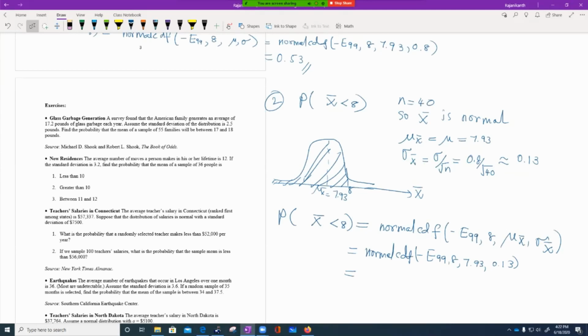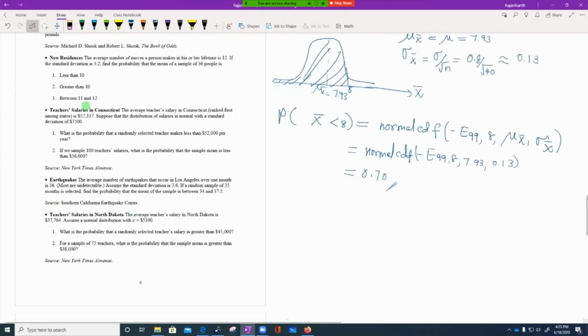When you find this answer, it should be 0.7. So this is the probability of the sample mean x bar being less than 8. So we used two different distributions here. Then you can go through the exercise problem and let me know if there are any difficulties. Okay.